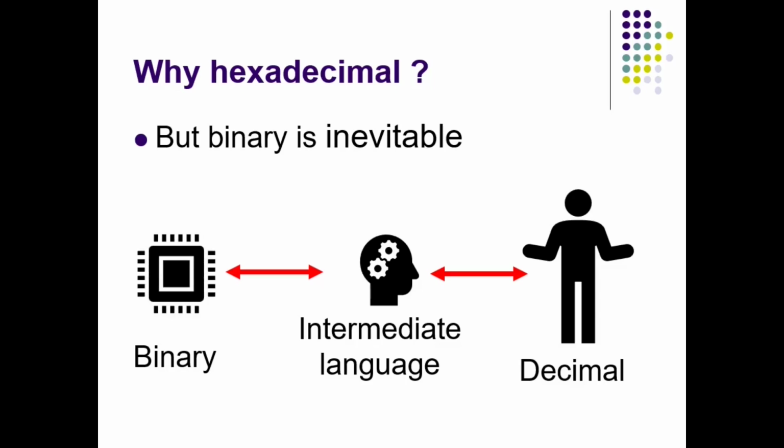But binary is not comfortable for humans. We cannot use binary numbers in our day-to-day conversations. Humans are comfortable with the decimal number system, but computers are not. So we need an intermediate language which is easy for humans to read, write and remember, and which can also be easily converted to binary and from binary. So the hexadecimal number system is that intermediate language.